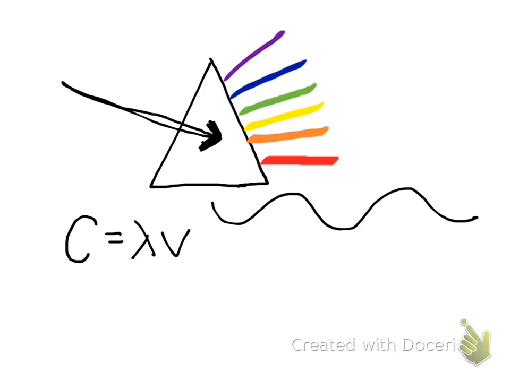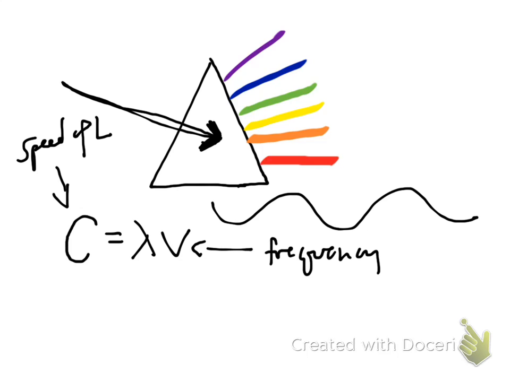Okay, well c we know is speed of light, sometimes called SOL, speed of light. V is our frequency, and lambda is our wavelength.